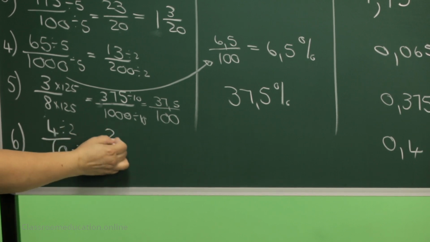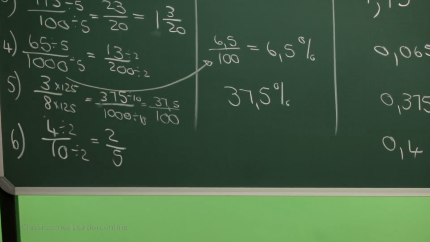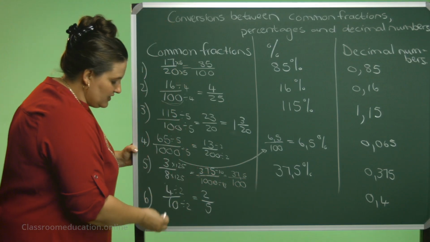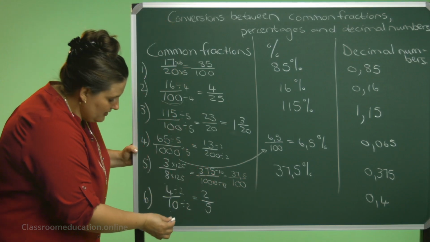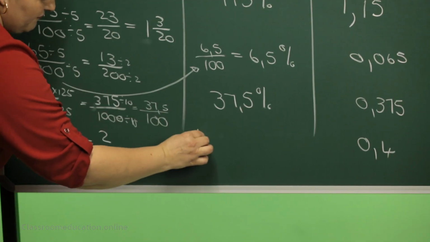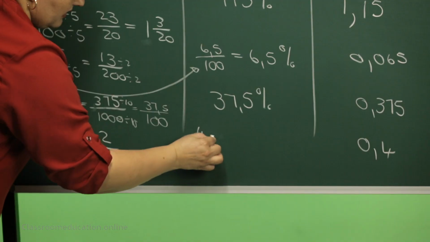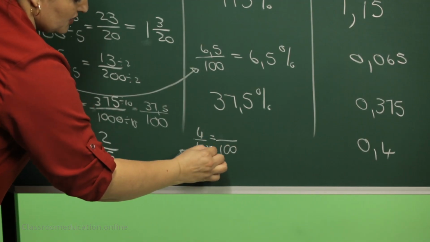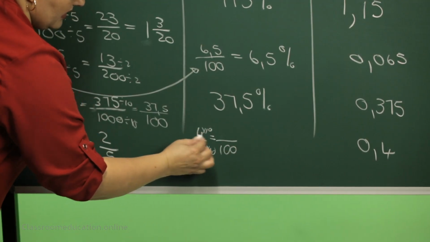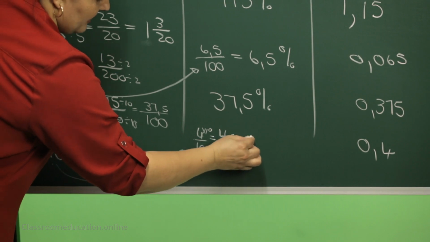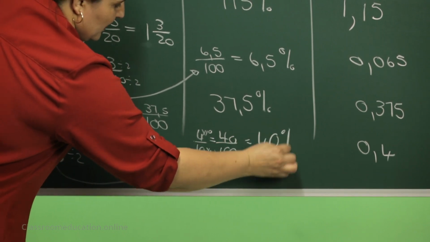So I will have 2/5. To change it to percentage, it needs to be out of 100. So if I have 4 over 10, I need to change it out of 100. So it will be times 10, times 10. It will be 40 over 100, and that is 40%.